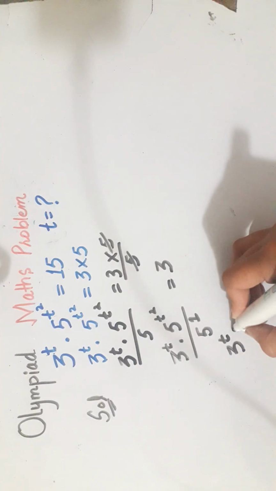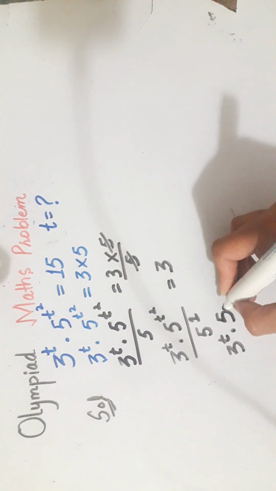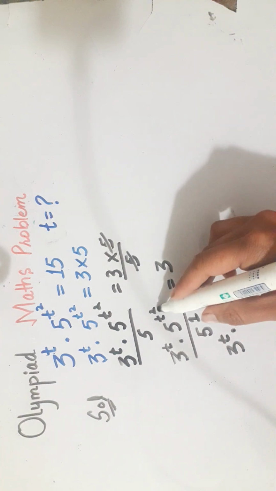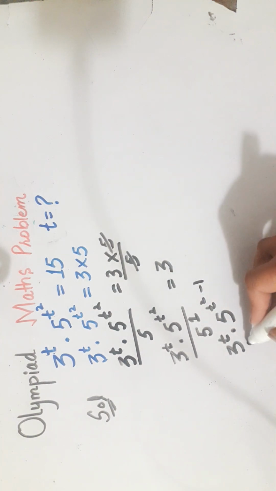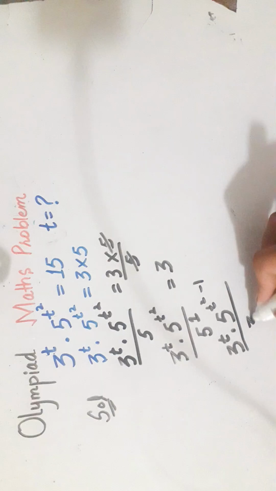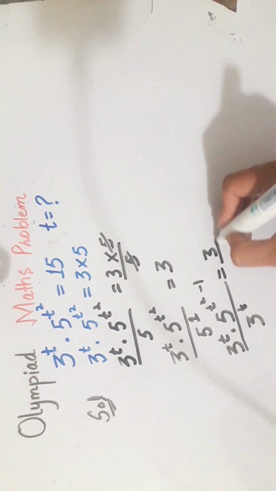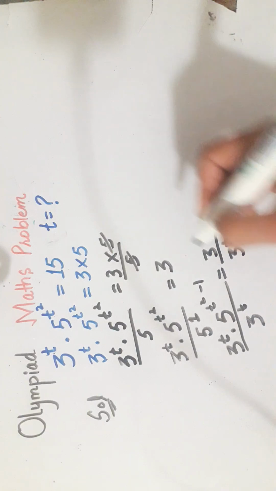So 3 raised to power t into 5 raised to power t square, and this 1 will be subtracted, divided by 3 raised to power t equals 3 divided by 3 raised to power t.